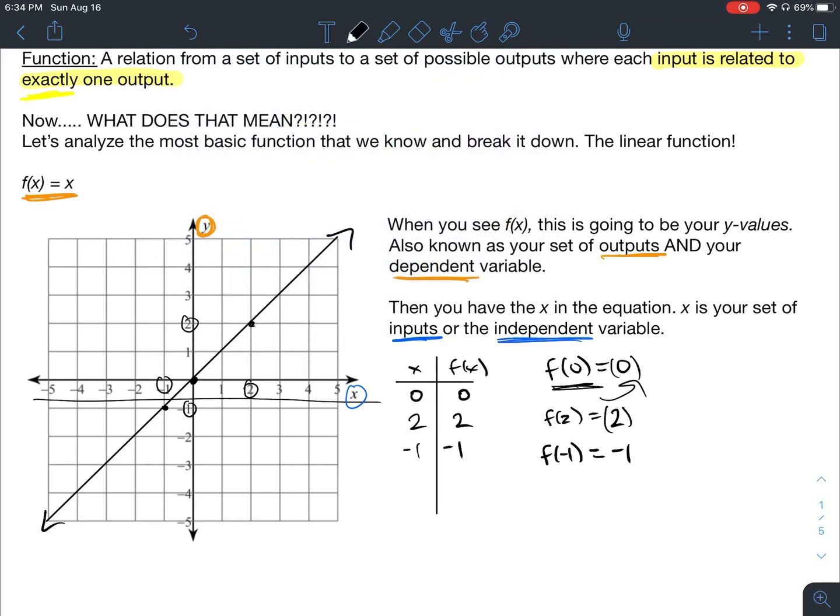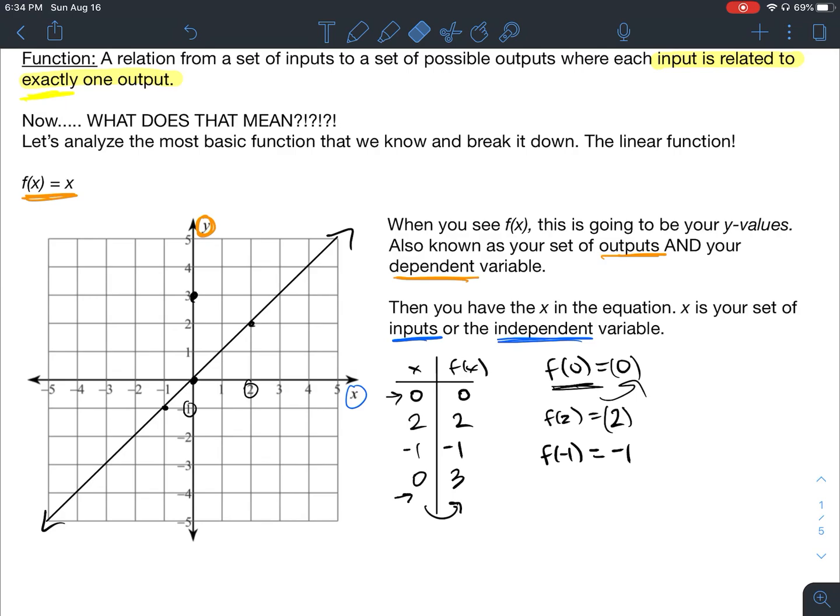So if x was 0, let's say for some weird reason I got 3. So when x was 0, y was 3. But up here, we already have that when x is 0, our y value is 0. So pretty much what we're saying is that you can't have an input value come out and have two output values, because then you're going to run into something weird like this.